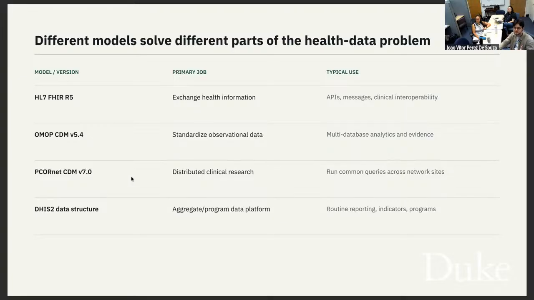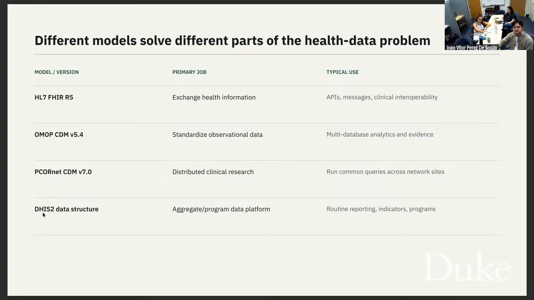It is focused on clinical research, in a way that if I want to run a clinical trial here at Duke in Durham, and I don't have enough patients because patients with the condition I want to study don't really come to Durham, I can enroll patients in New York, in California, in whatever place that uses PCORnet, and then I can pull the data from them without needing much change in the process. I only need people there to enroll my patients, and this data is going to be collected by standard because of their clinical care. So this allows for multi-center clinical trials, which is really, really cool.